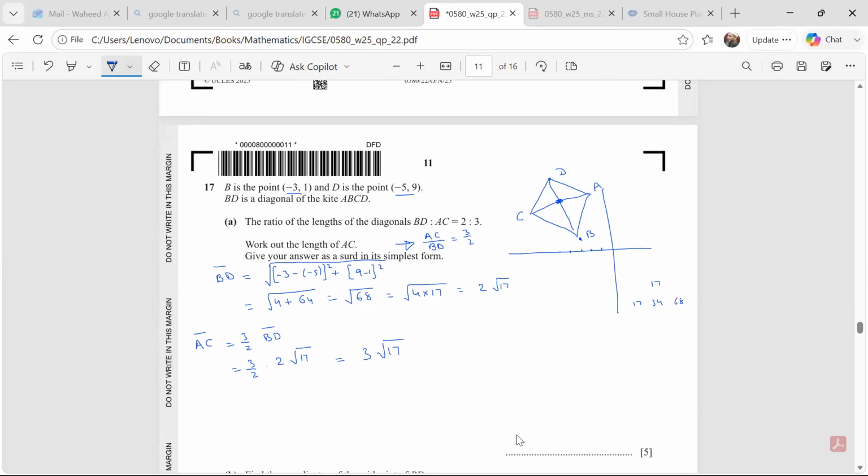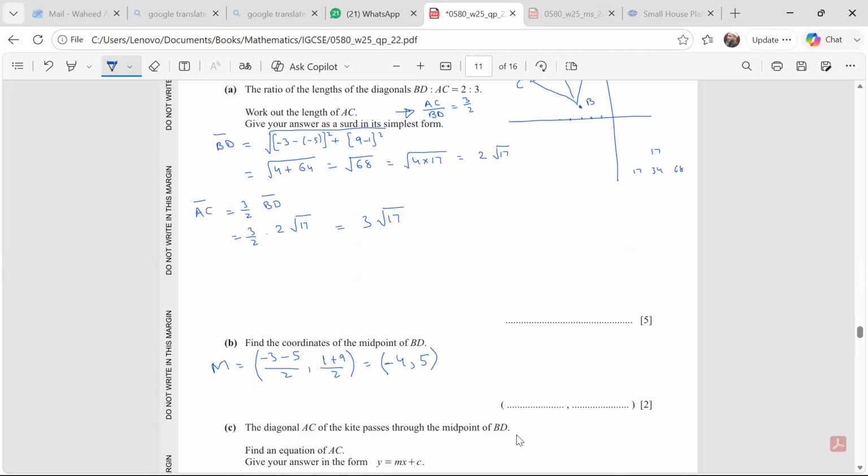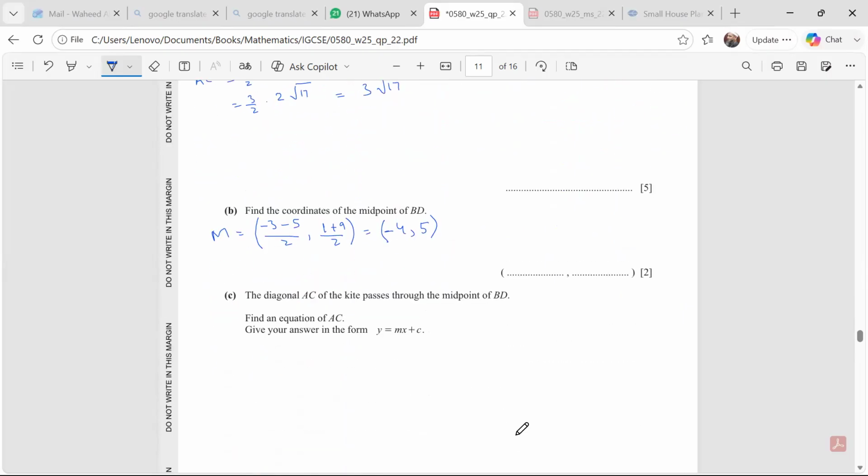Since it is going to be perpendicular to BD, the first thing we will try is to calculate the slope of BD. Slope of BD is y2 minus y1 over x2 minus x1.